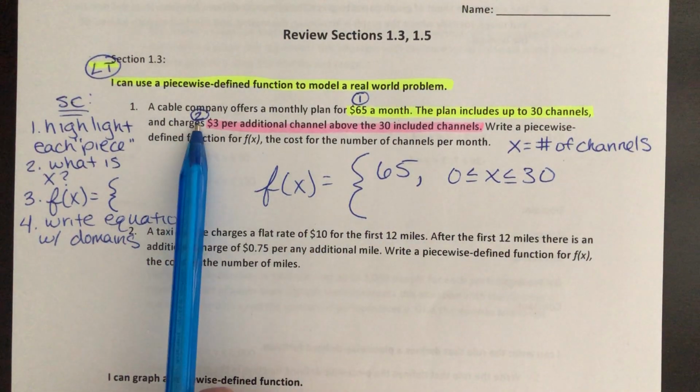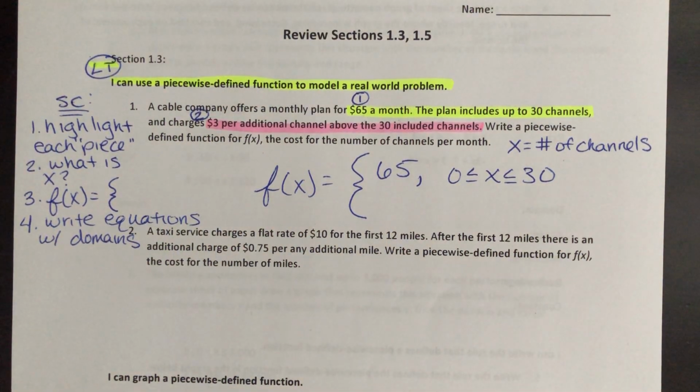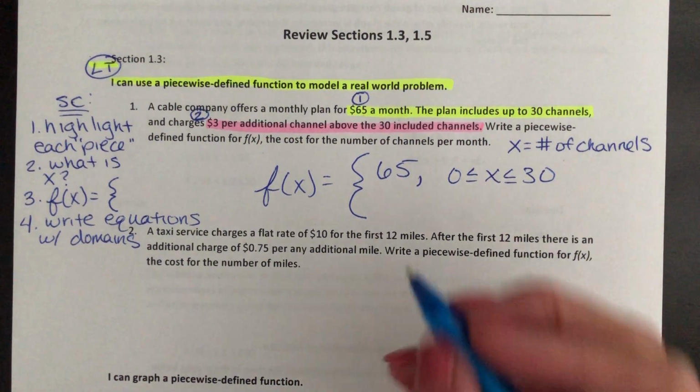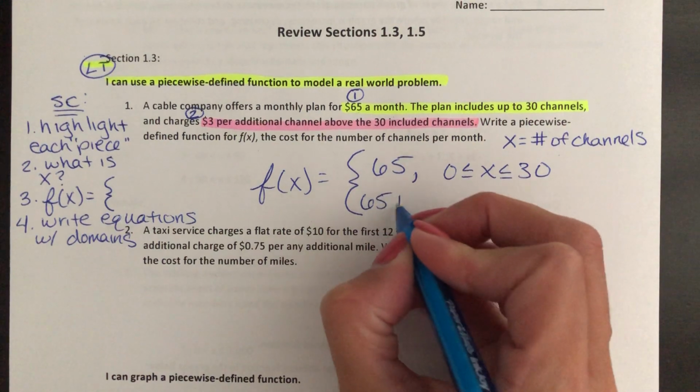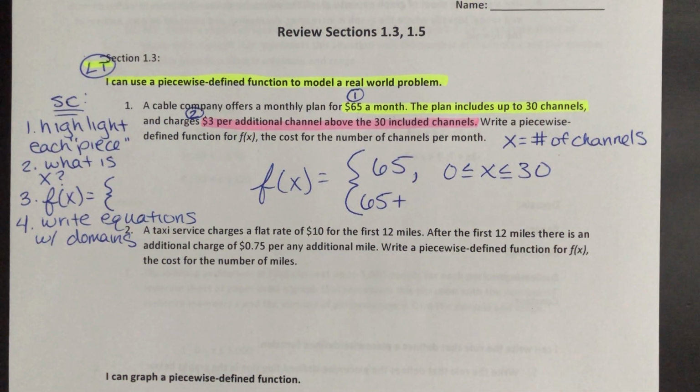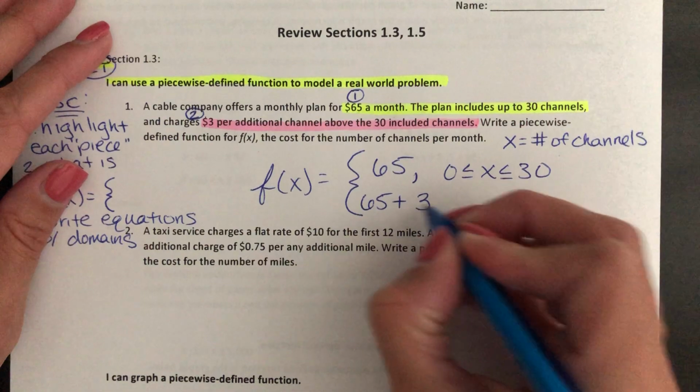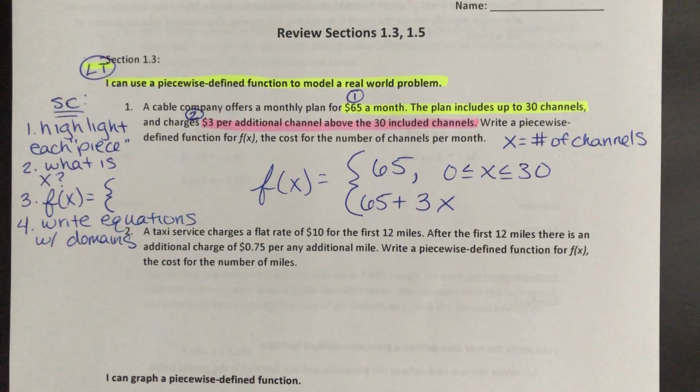All right, let's look at scenario 2 for my second equation. So this one, you still have to pay that $65 a month. That's a constant no matter what. But now we have to pay $3 more per each additional channel. So that's 3 times however many channels I have.